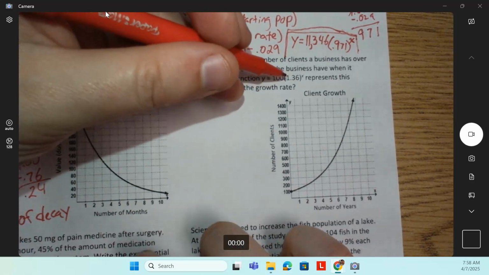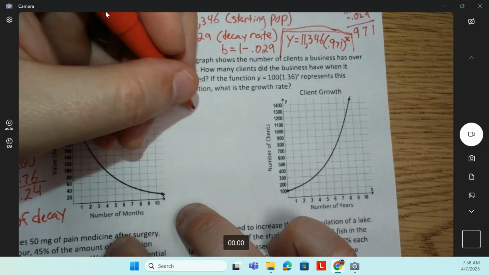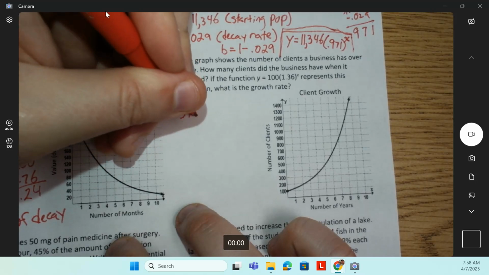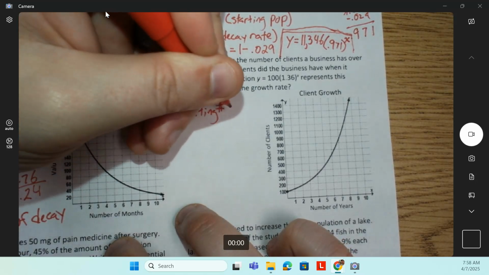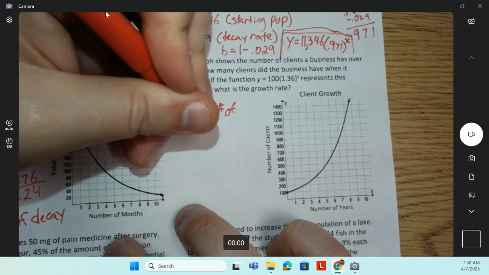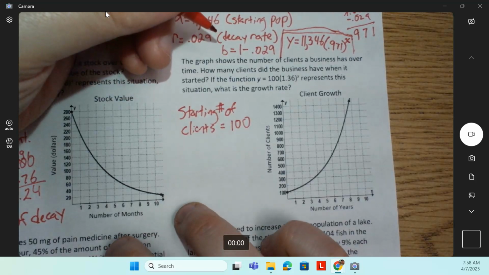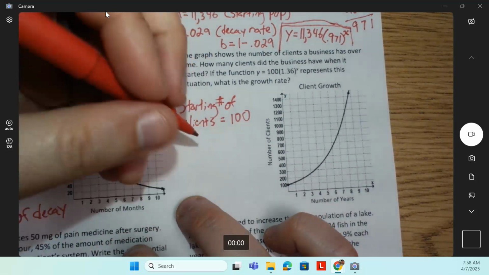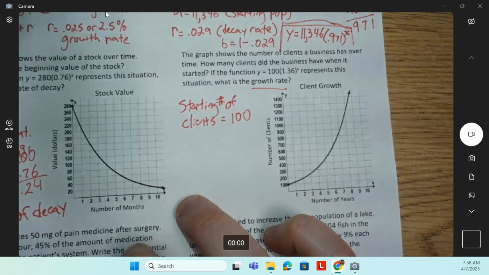So the 100 there would be our starting number. So that's really all it asks you for there. But we also want to know what the rate is. Oh, it also asks what is the growth rate.